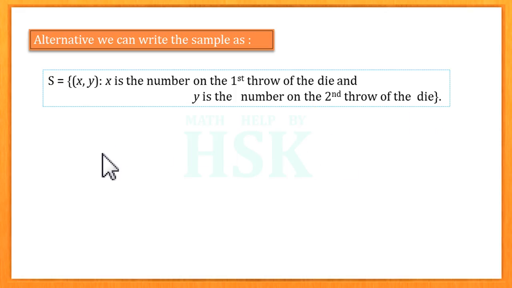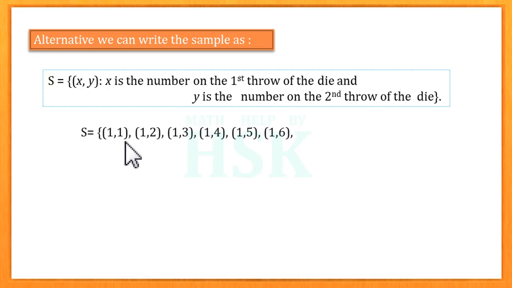If the first throw results in 1, then the second throw can give us any result from 1 to 6. Therefore we get 1 1, 1 2, 1 3, 1 4, 1 5, 1 6 as outcomes. If the first throw results in 2, then again the second throw can give us any result from 1 to 6.